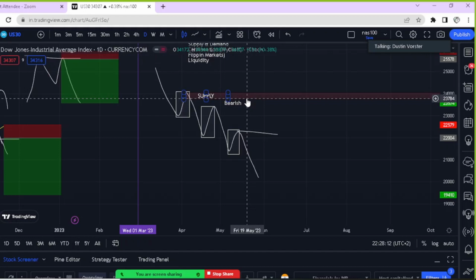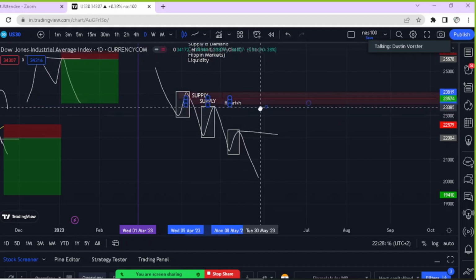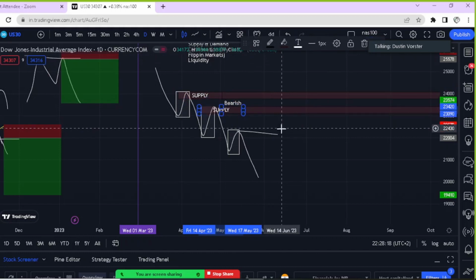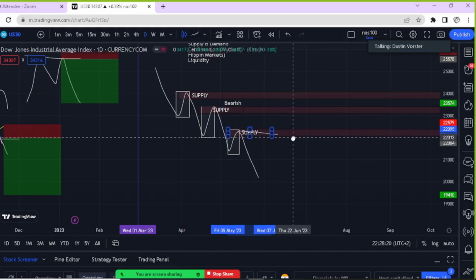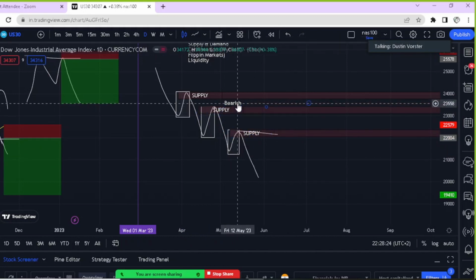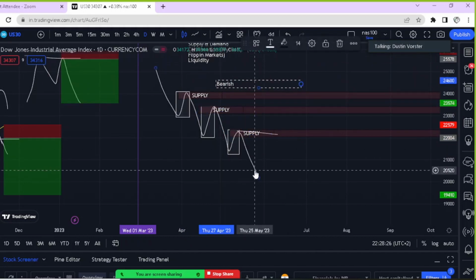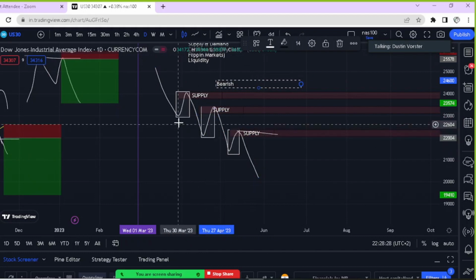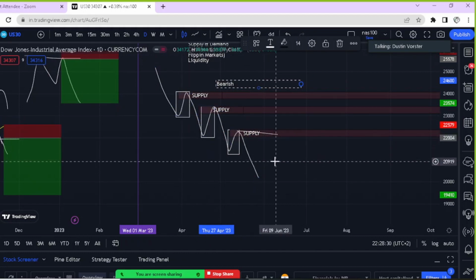We taught to identify supply areas, and supply areas are usually your last upward move. So in a bearish market, it's your last upward move before the downward move that caused the break of structure.